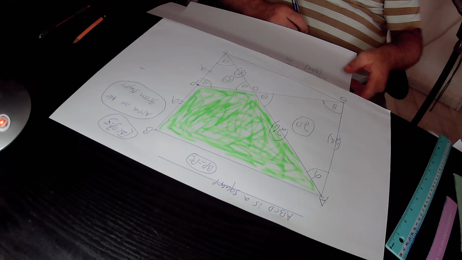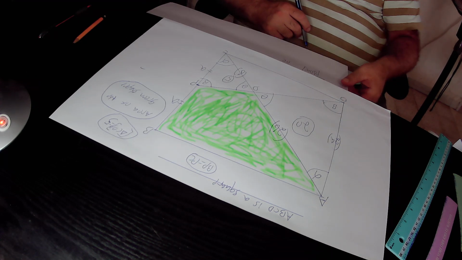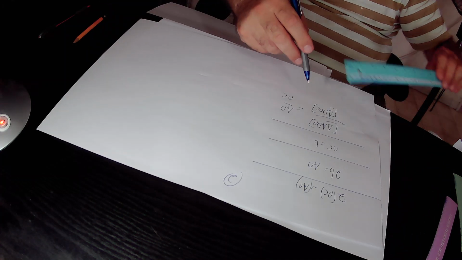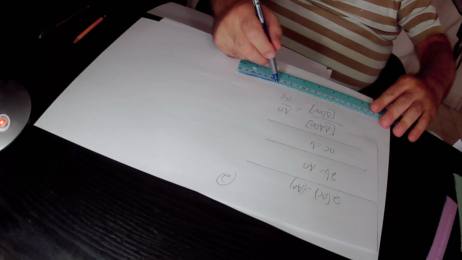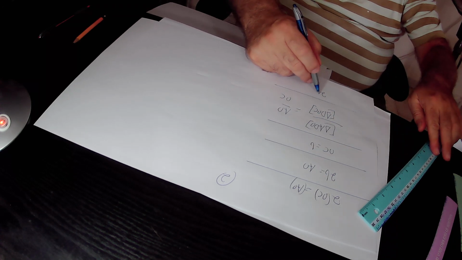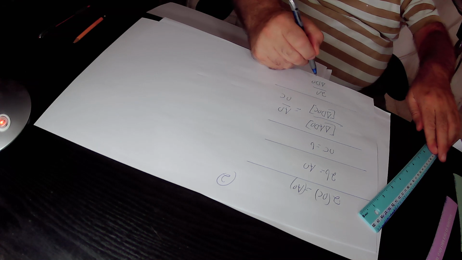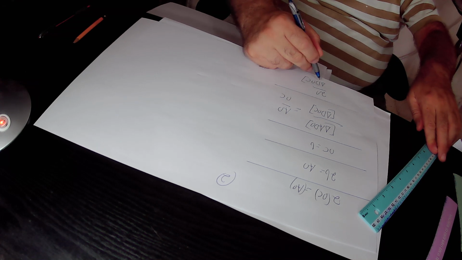The area of the big triangle ADO is 20. So we substitute the area of triangle ADO by 20 over the area of triangle DOC, that is unknown, so we leave it as it is.